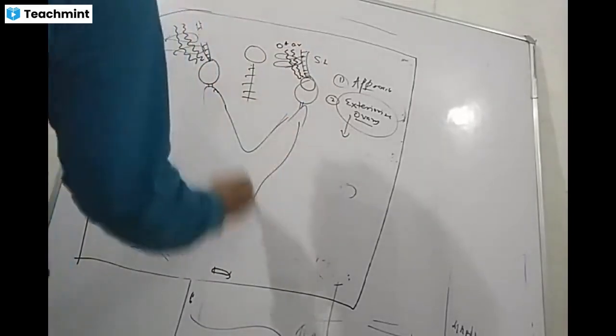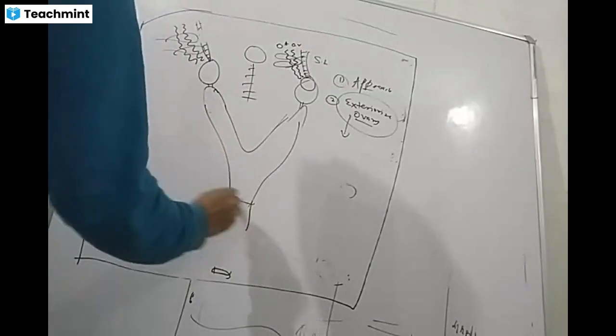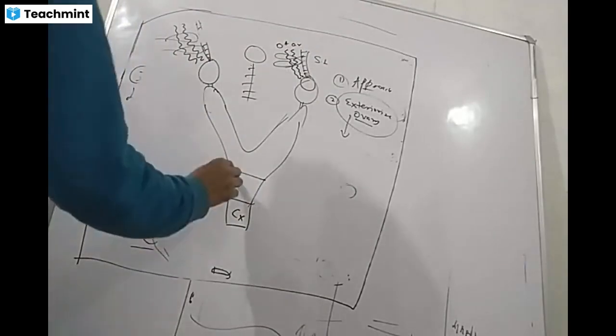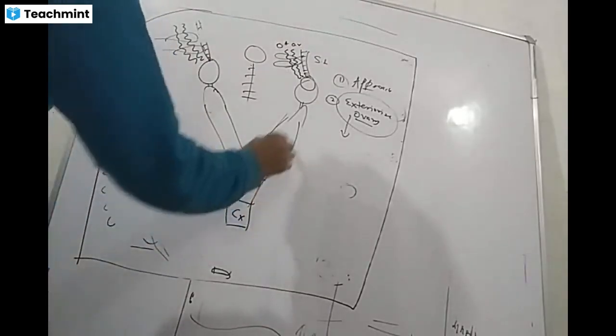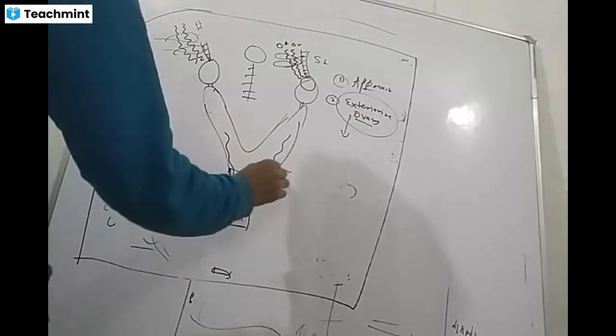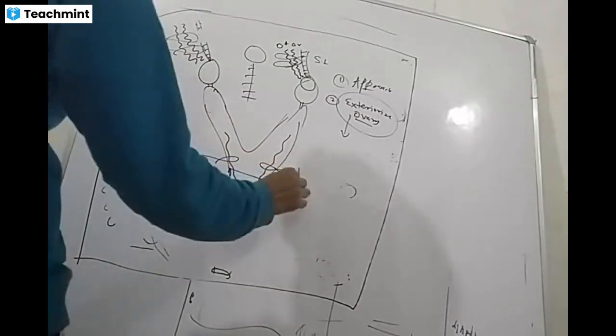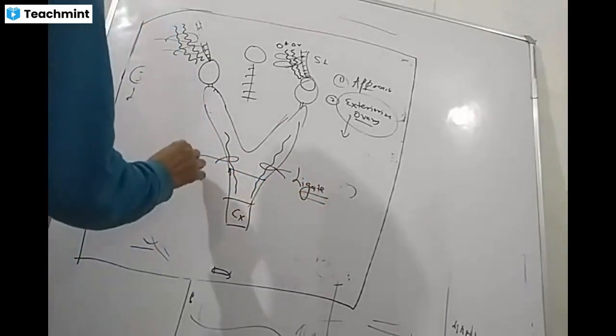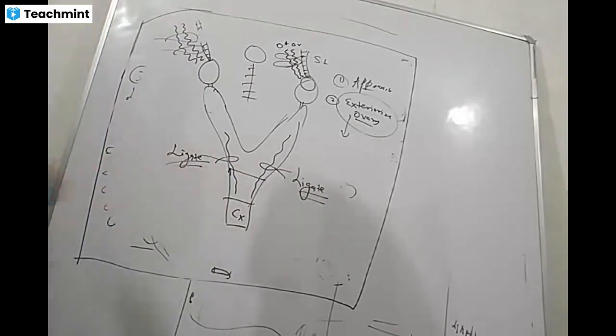Then what we do, this is the cervix and this is the uterine. Similar to that, here some blood vessels are running. So first we'll ligate these blood vessels with the suture material.